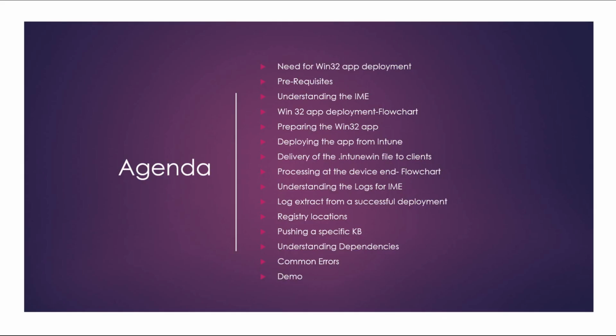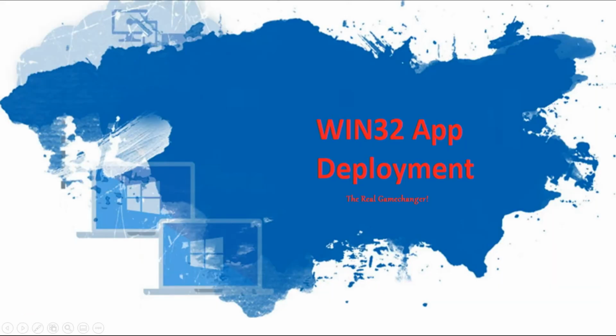So that's pretty much it, guys. I hope that I was able to, in this one of the longer ones, demonstrate and discuss all the things that we had in the agenda and a few little tips and tricks. The key takeaway from this nugget should be understanding the importance and the power of Win32 app deployment, what all we can do using this technique, and why this is the real game changer.